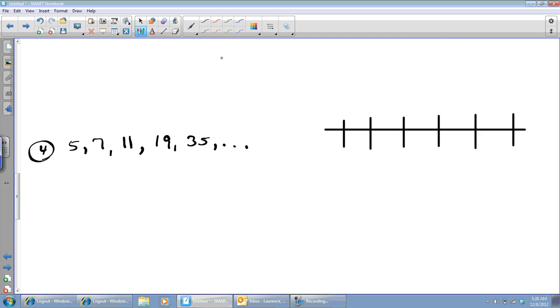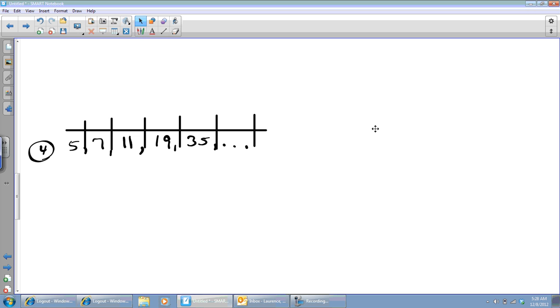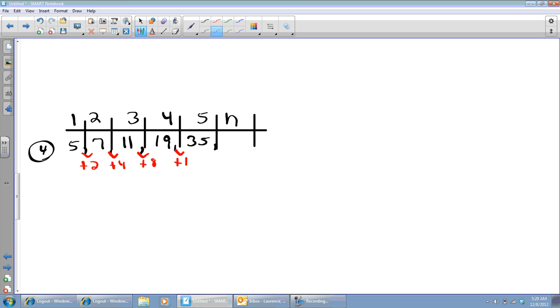Well, let's take a look at this one. Okay, go looking for my first differences, and I'm going to get plus 2, plus 4, plus 8, plus 16. Hey, look at that.